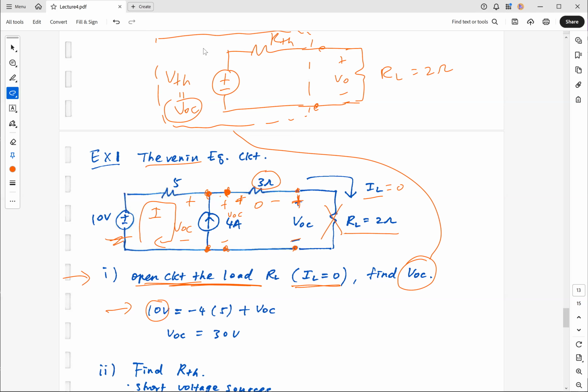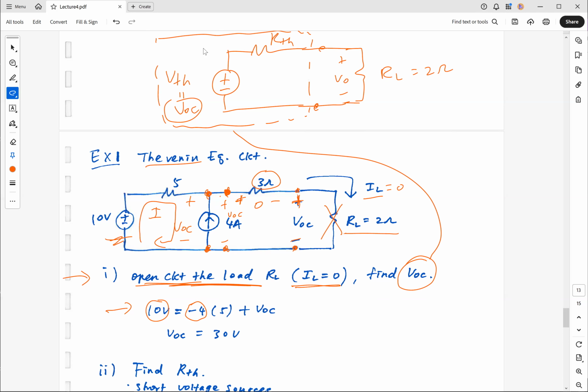But notice that I have this current source, and that is going in the opposite direction from how I defined this current I. So this 4 amp is going in the opposite direction. If I is going clockwise, then this I is equal to -4.